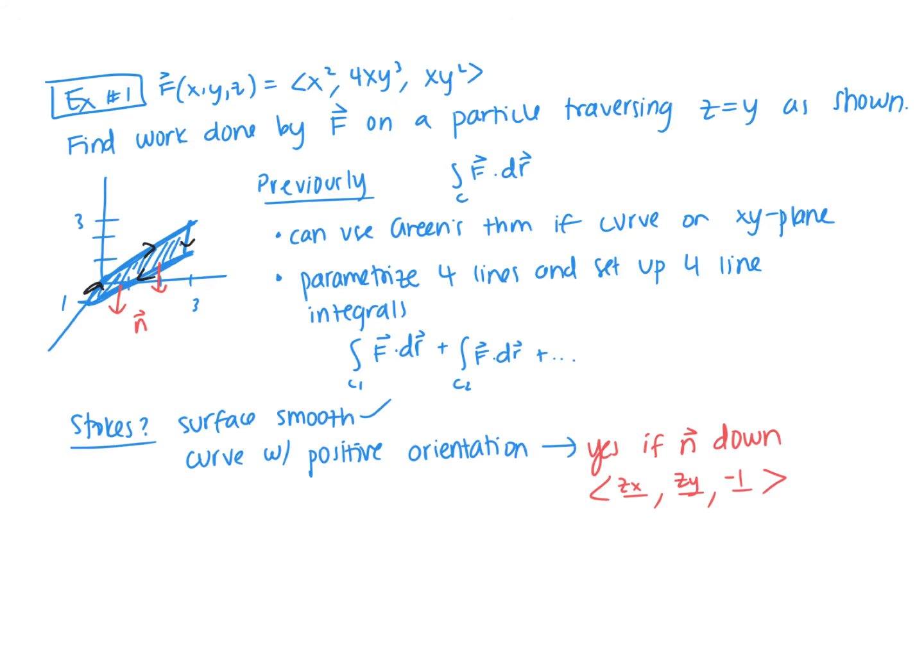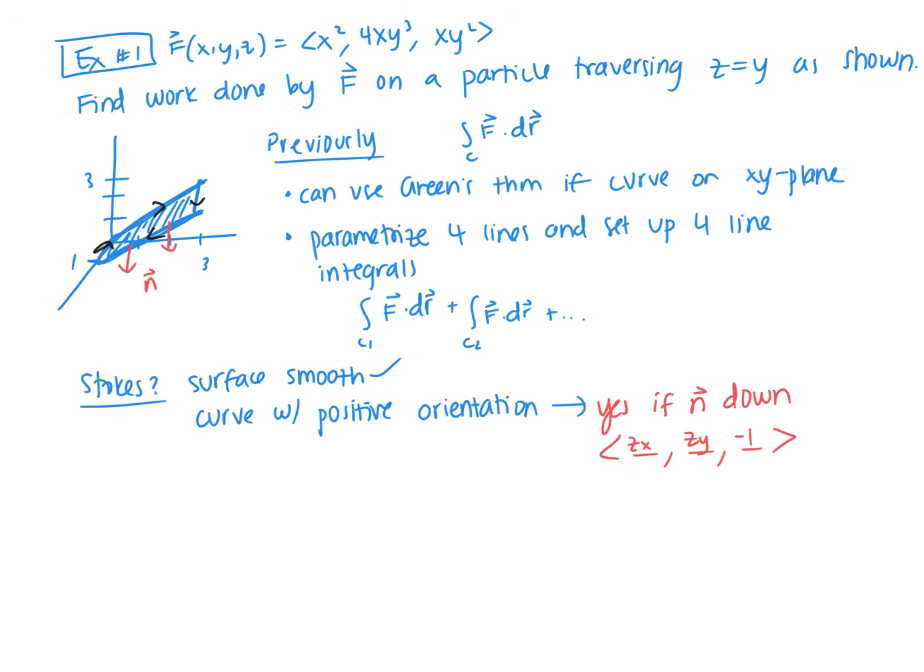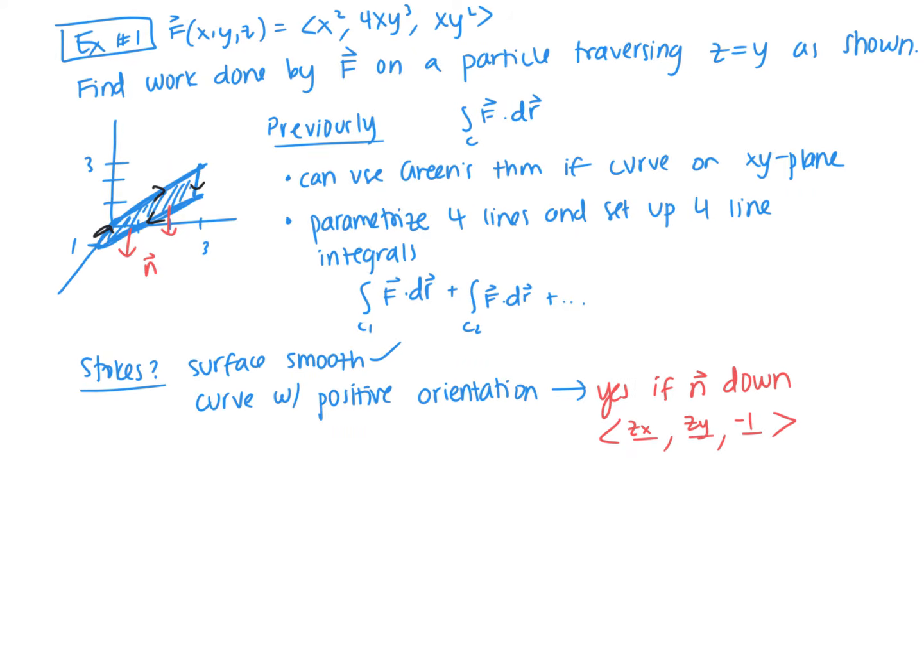So that's how we're going to find our n eventually. We're not going to do it yet. Okay, so our work then, instead of using this line integral, we can calculate it as the surface integral of curl of f dot dS.